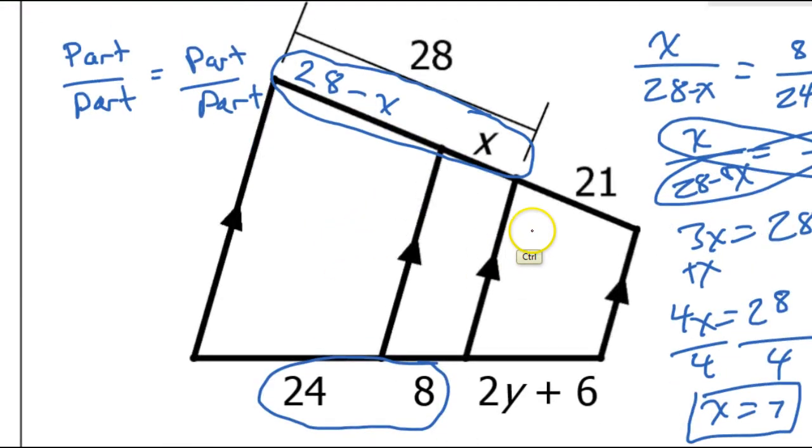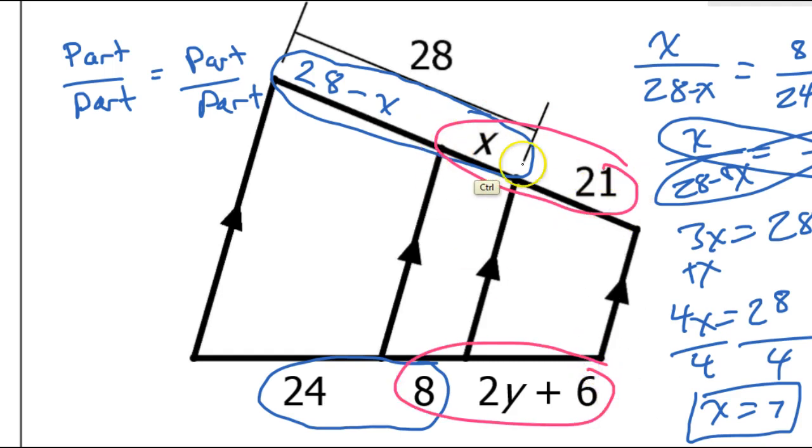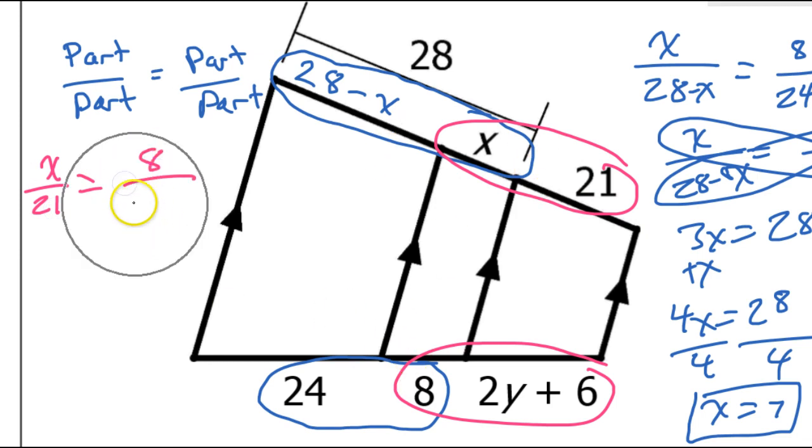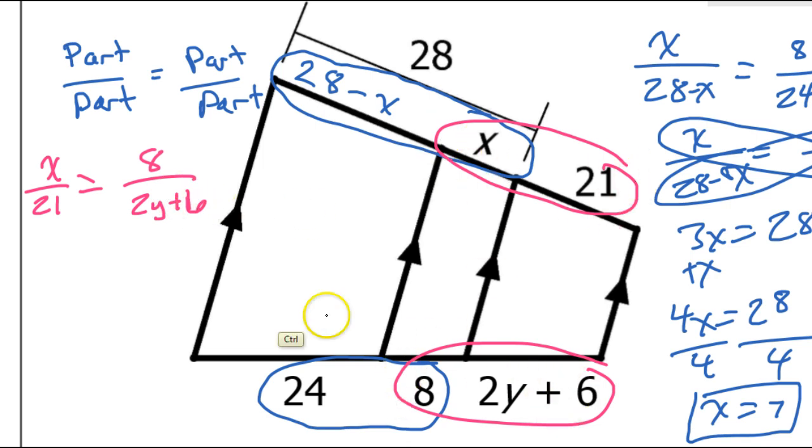So I'm going to do a similar thing, another side splitter theorem, using these two. Okay, let's see what I'll do. Let's say I do x over 21. Then I have to do 8 over 2y plus 6.